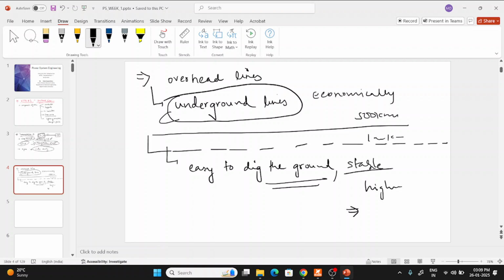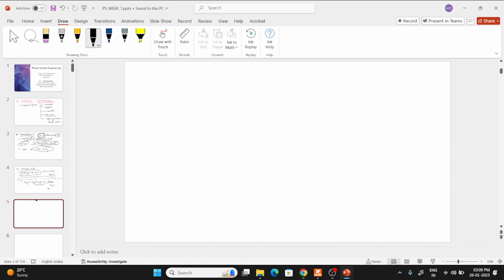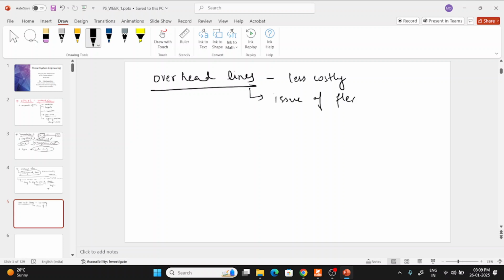because digging the ground will lead to a higher cost, and eventually that cost will be reflected in our energy rates. So therefore, what generally has been prescribed is overhead lines, and the overhead lines are less costly than the underground cables, and the issue of flexibility, flexibility is also very less.